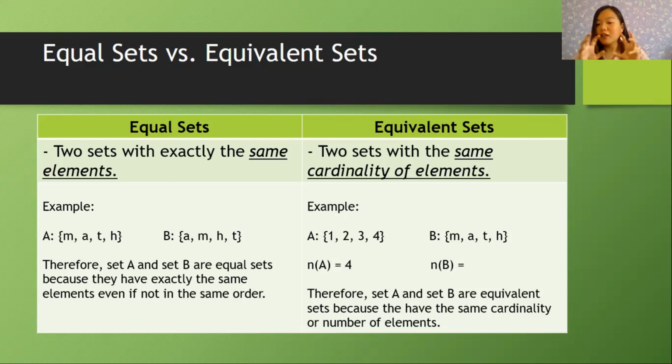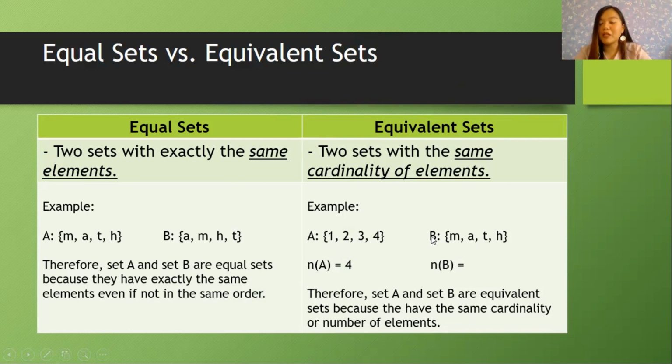Cardinality meaning the number of elements in the given sets. So, for example, in set A, there are 4 elements. We have 1, we have 2, 3, and 4. If you're going to count them, the cardinality of that is 4.